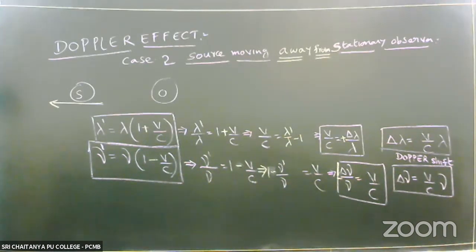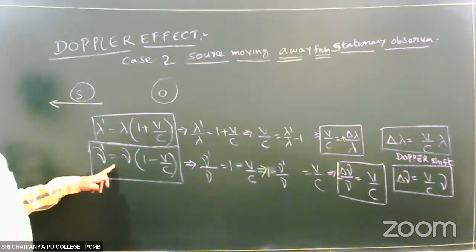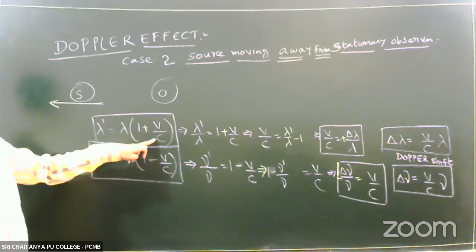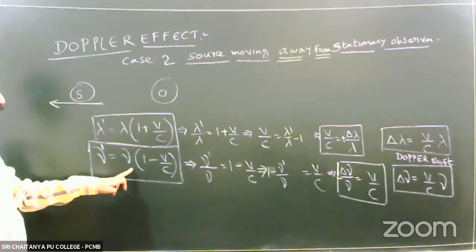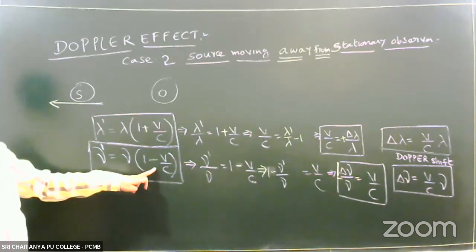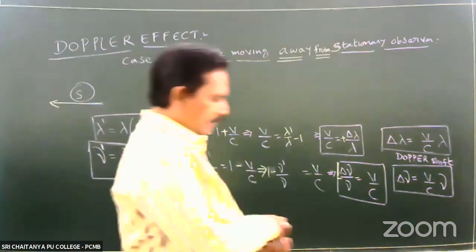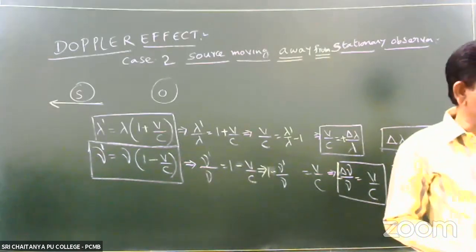How to calculate the Doppler shift, fractional change in wavelength, and also apparent wavelength, apparent frequency. Apparent wavelength formula: lambda dash is equal to lambda into 1 plus V by C. Apparent frequency: nu dash is equal to nu into 1 minus V by C. Come on, take down this one. Doppler effect, second case.